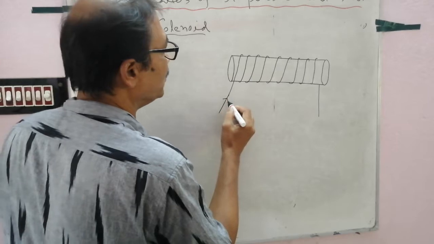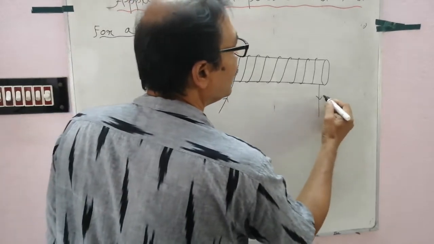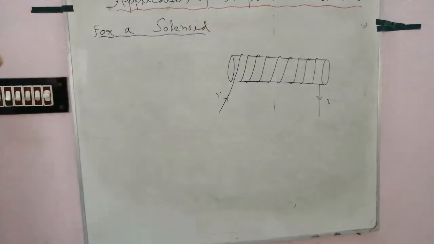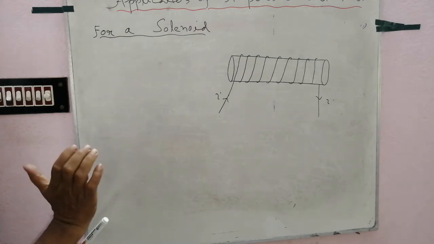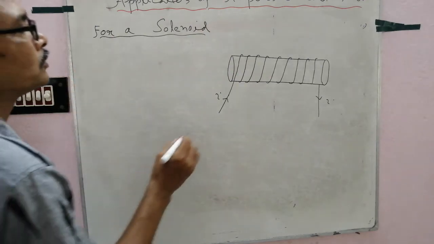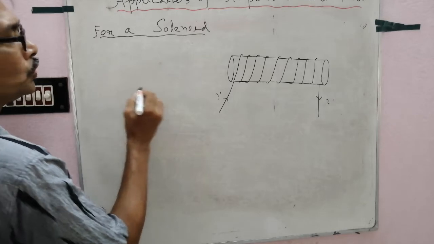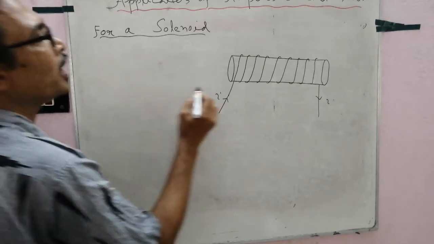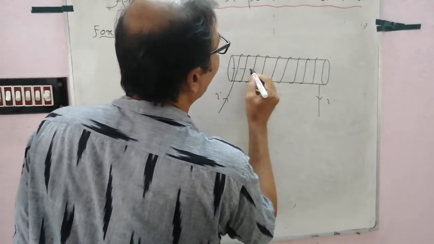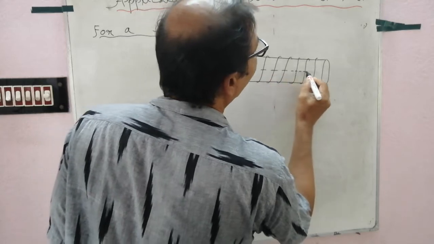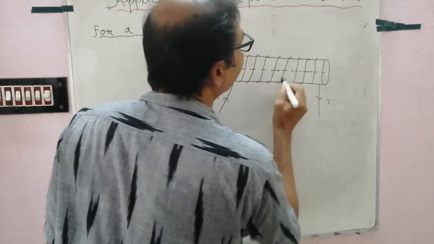Suppose this current I. We have to find out the magnetic field on the axis.